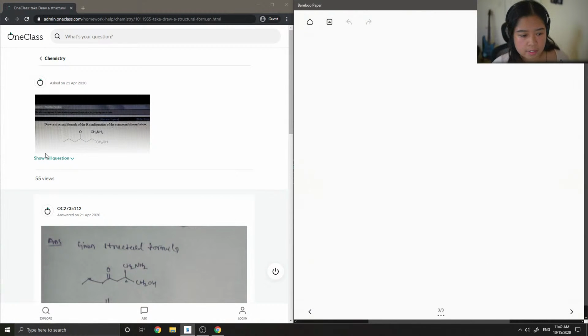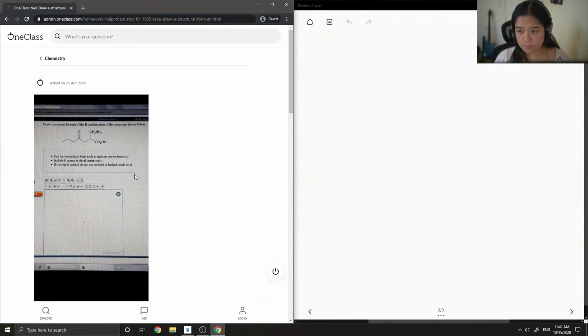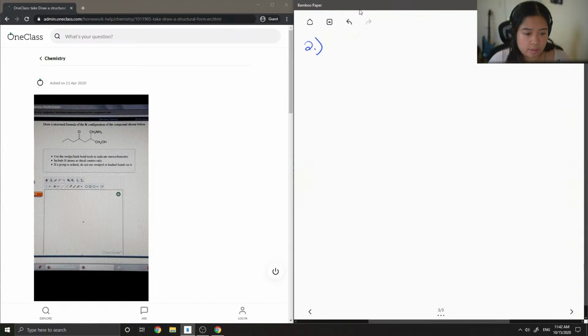Okay, so on to question number 2. Draw a structural formula of the R configuration of the compound shown below. Okay, so let me just write down this compound.